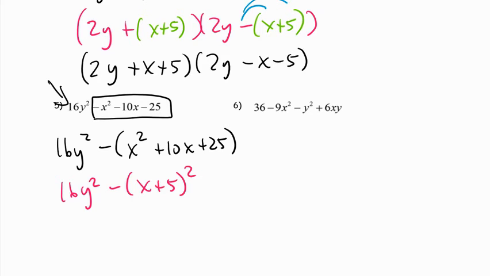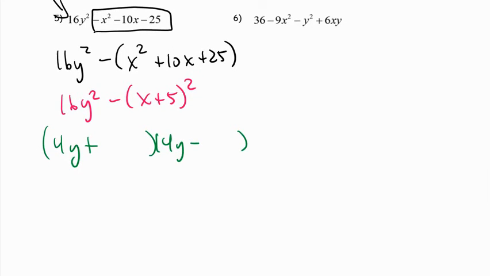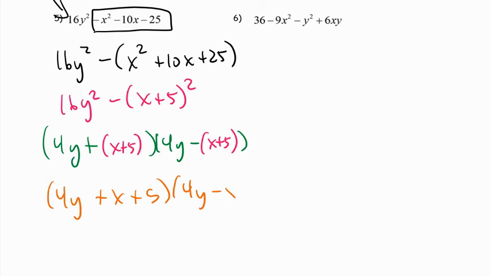So I got 4y plus, 4y minus, an x plus 5, an x plus 5. 4y plus x plus 5 and 4y minus x minus 5.